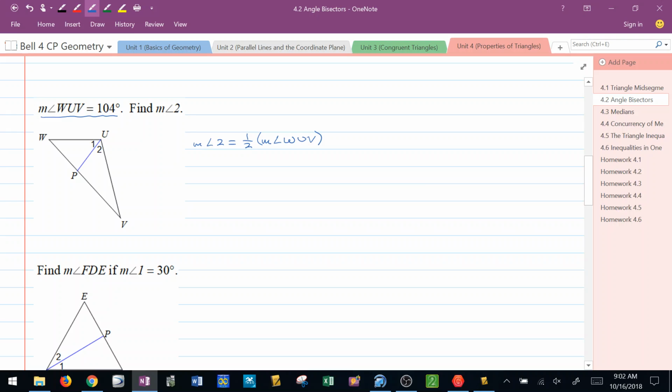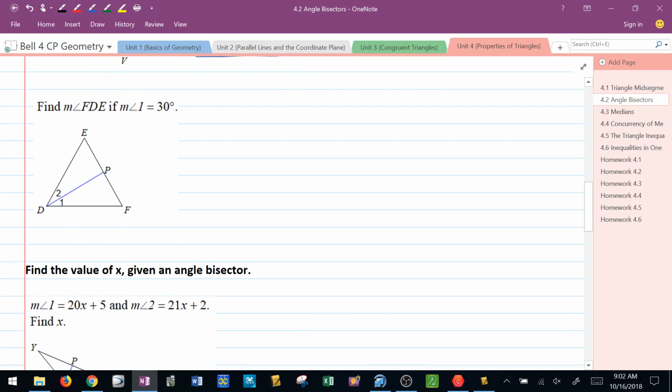I know that a smaller angle is half the big angle. So the measure of angle 2 in this scenario would be half of 104. I substituted 104 for the measure of angle WUV, so the measure of angle 2 is equal to 52 degrees.